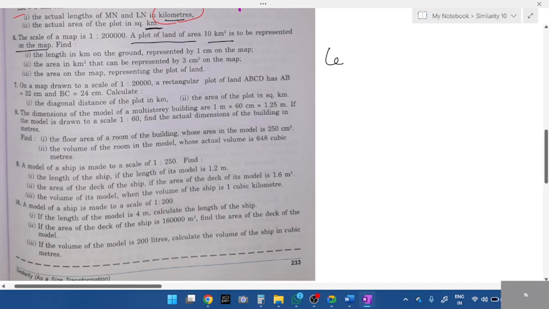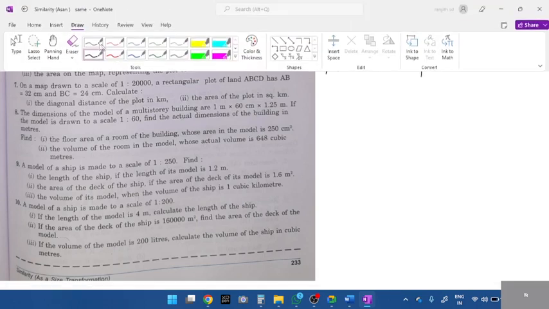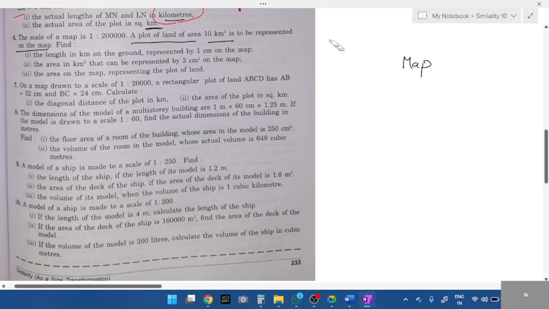Okay. A plot of land of area 10 square kilometers. Area value is given, so let us take area. Area on map is equal to K square into actual area.